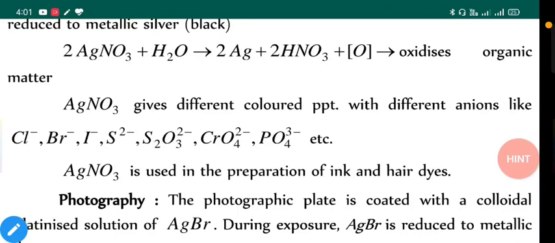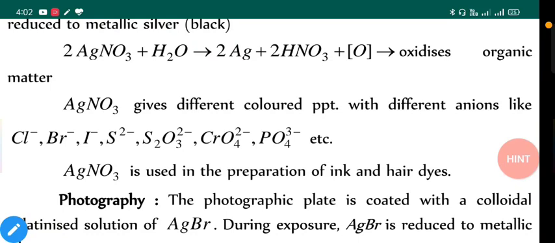Now this point is important because in inorganic qualitative analysis we use AgNO3 to identify negative ions as mentioned here. It gives different colored precipitates with the negative ions mentioned here. So it is one of our tests to identify a negative ion in a given inorganic compound.